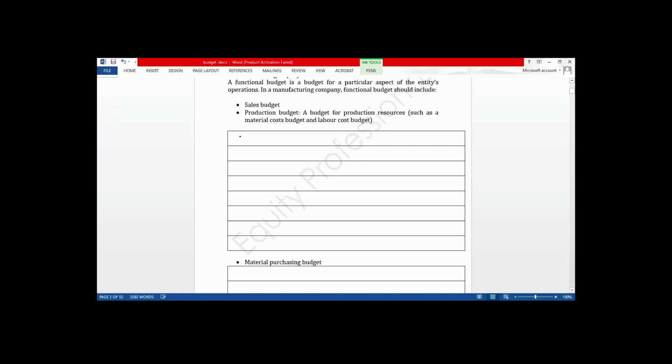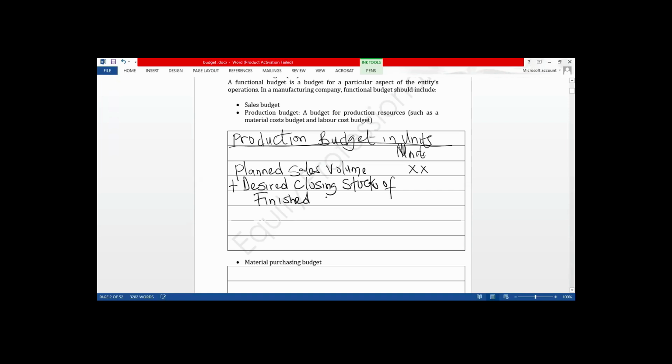Your production budget, in units. Not naira, please, it's in units. You start with your planned sales volume, XX, plus desired closing stock of finished goods.